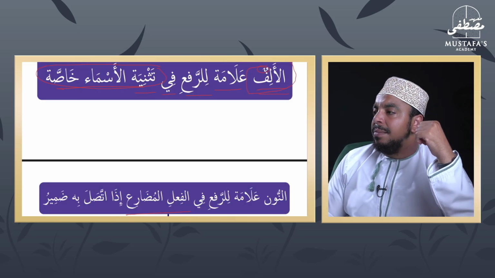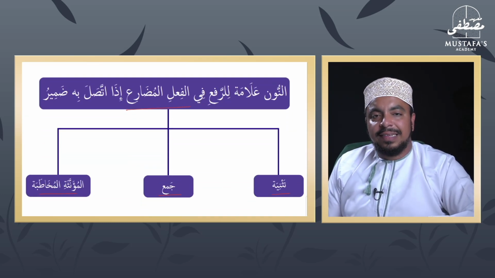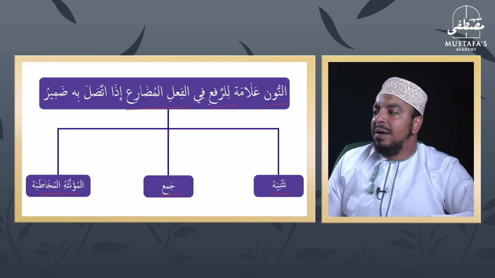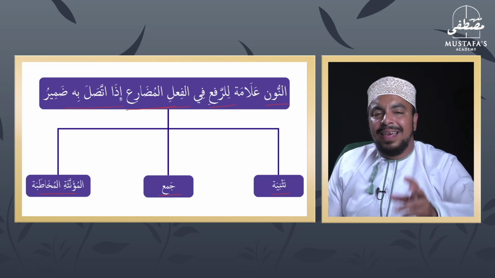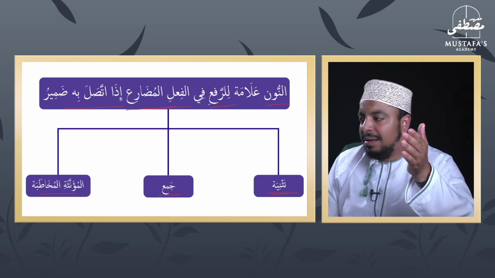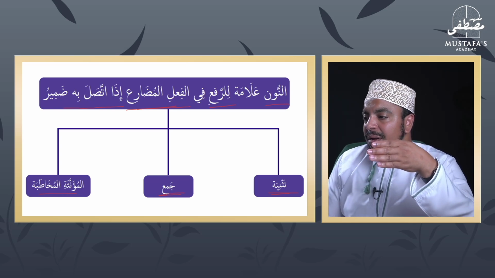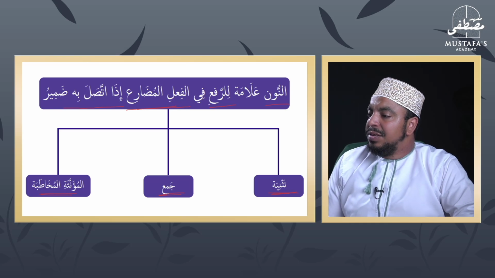Na'am. Mashi. Look. The next sign that we have, which will be the last inshallah, النون, and the noon علامة للرفع في الفعل المضارع, in the present tense, إذا اتصل به, if it's connected with it, okay, ضمير تثنية أو جمع أو مؤنثة المخاطبة.